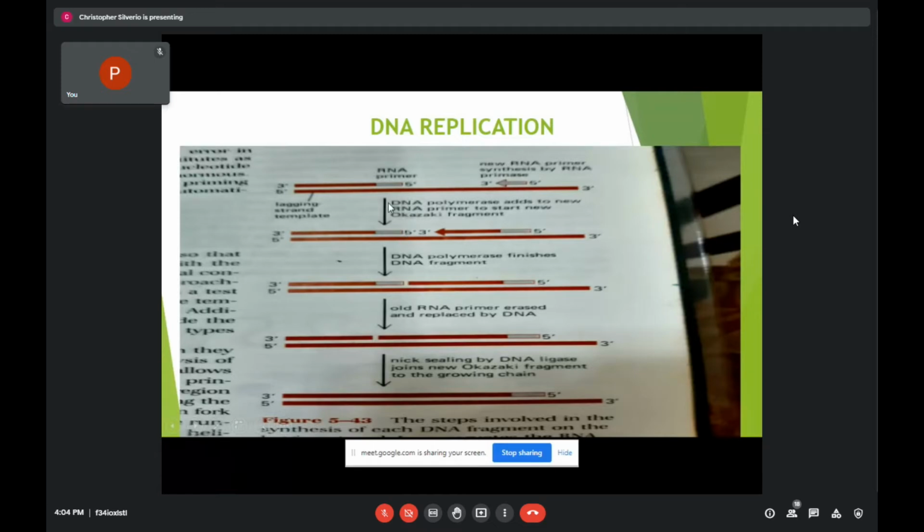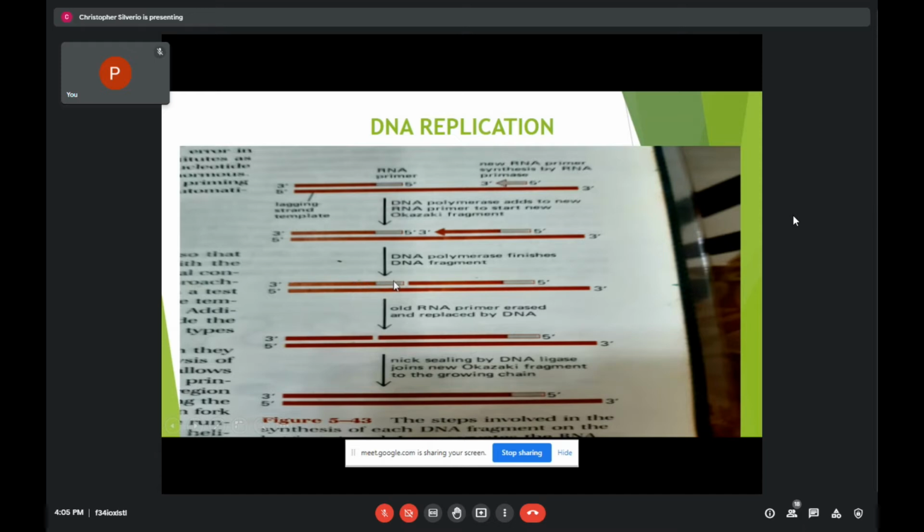And then the DNA polymerase will bind into the RNA primer, and then it will synthesize the new DNA fragment, known as the Okazaki fragment. So, in this case now, class, as you can see, there are two fragments that are newly synthesized, and these fragments are known as the Okazaki fragments.